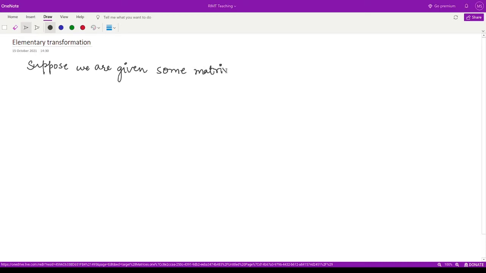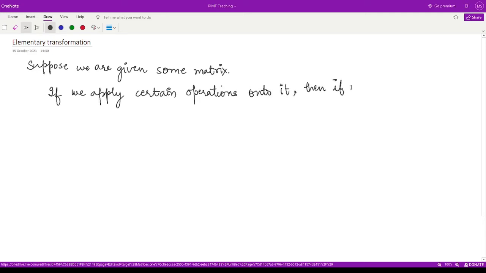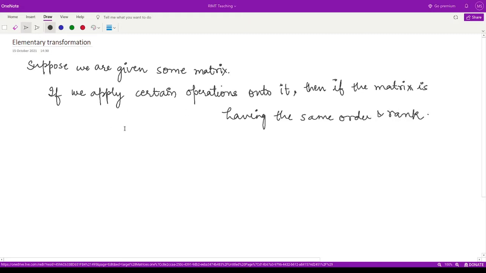Now in this case, if we apply certain operations onto it, then if the matrix is having the same order and rank, then that transformation is known as elementary transformation.